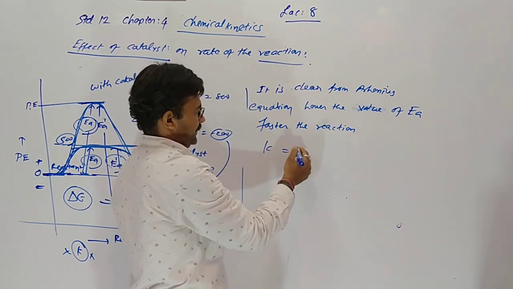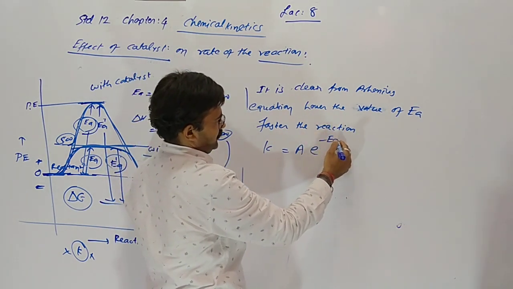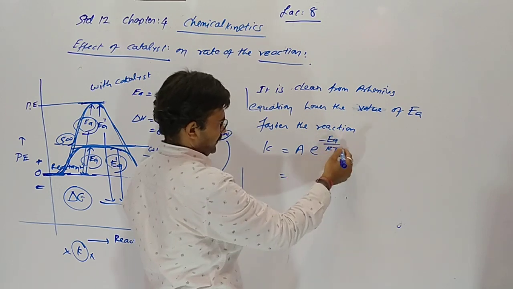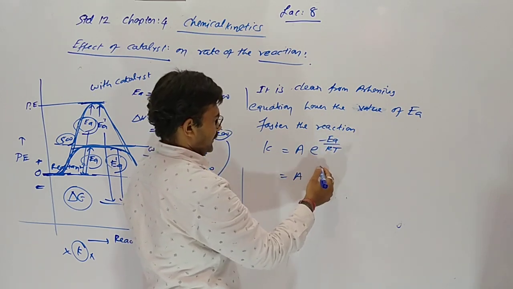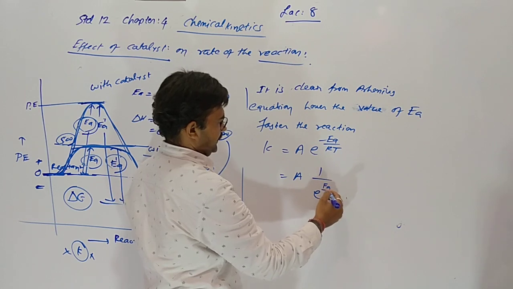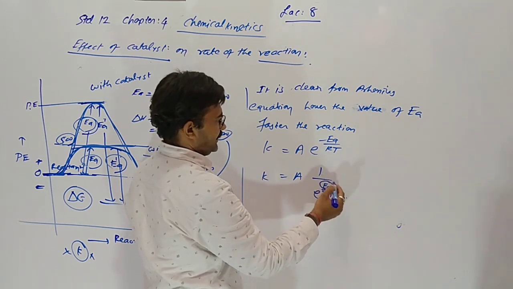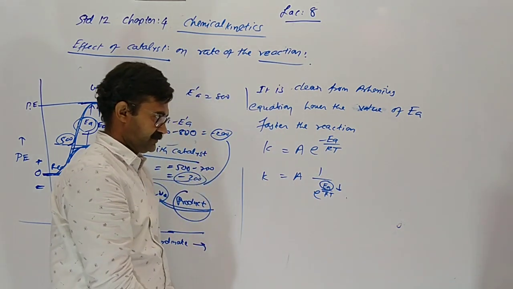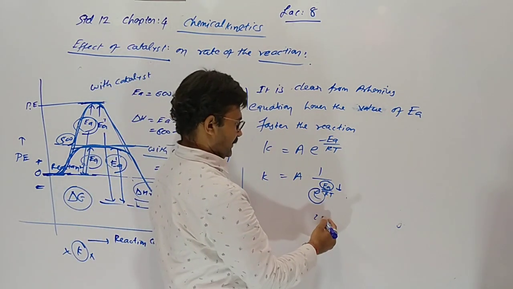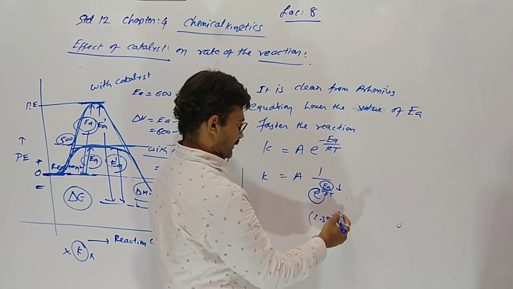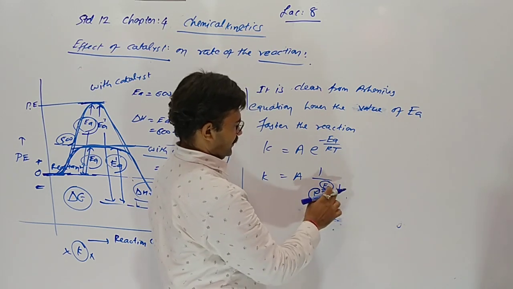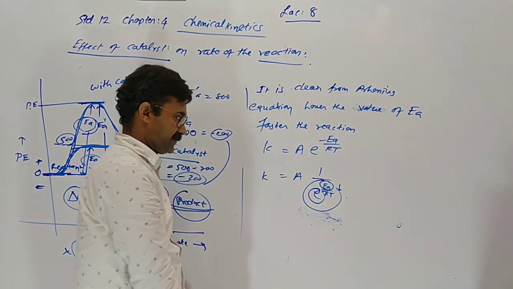K is equal to A e raised to minus EA upon RT. Understood? So A times 1 upon e raised to EA upon RT. If EA is low, the rest value of e raised to it will be low.